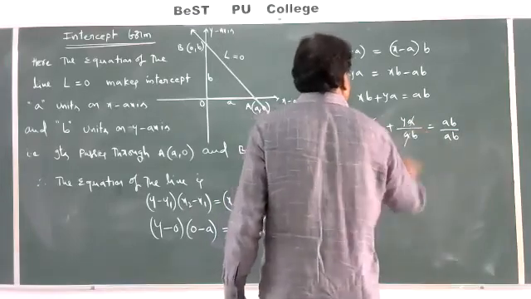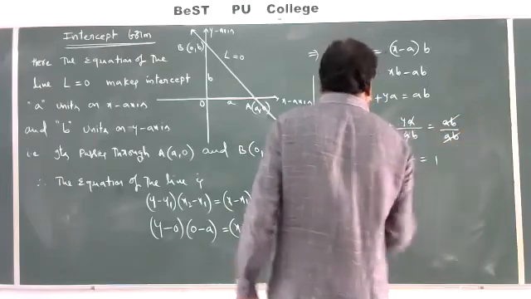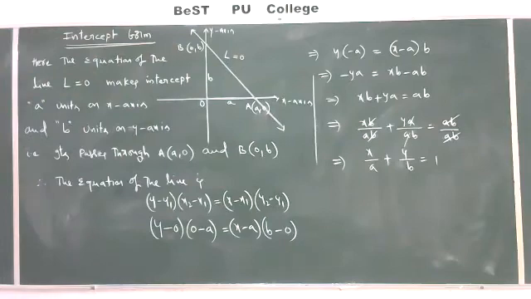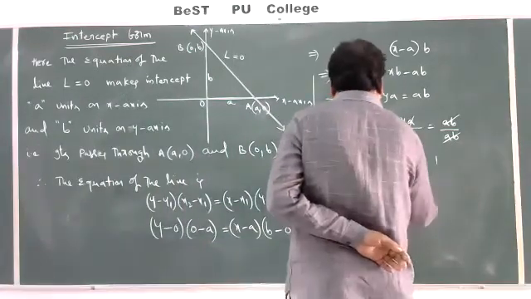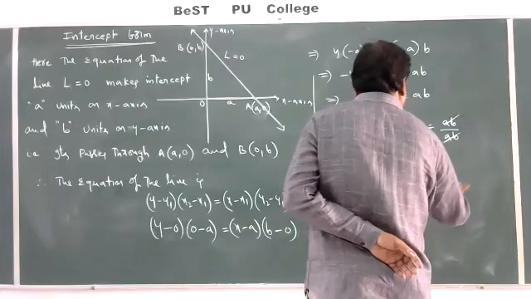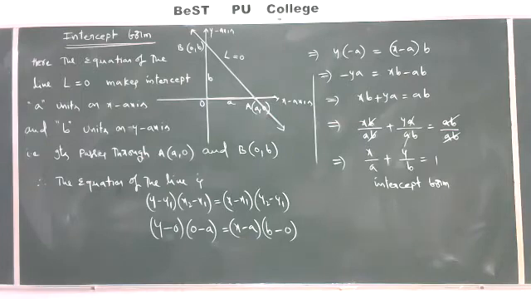Here a and a cancel, y by b is equal to ab by ab cancel, that is equal to 1. This is the intercept form.